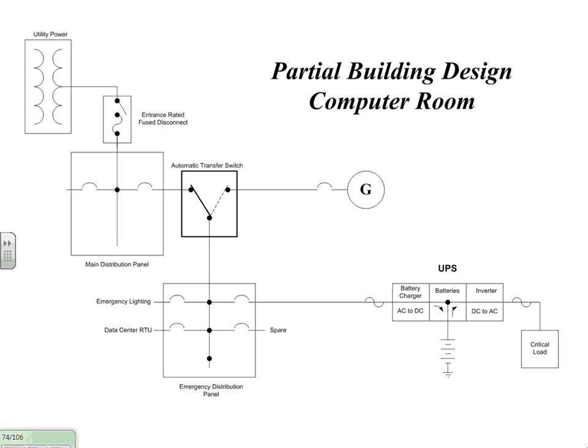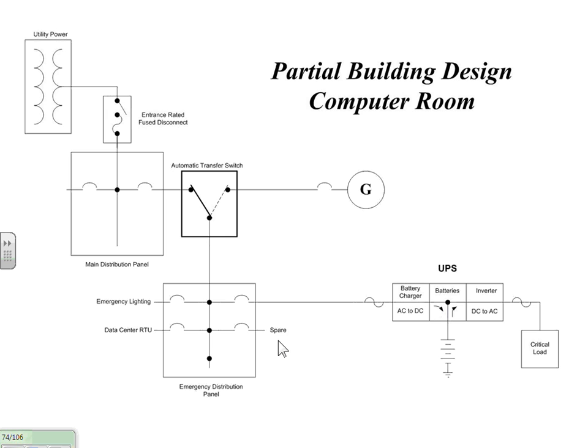Power flows from utility power through our entrance rated fuse disconnect into our main distribution panel, through our automatic transfer switch, to our emergency distribution panel, which runs over to a UPS, which feeds critical load over here.